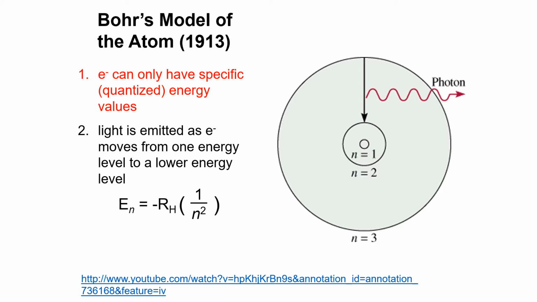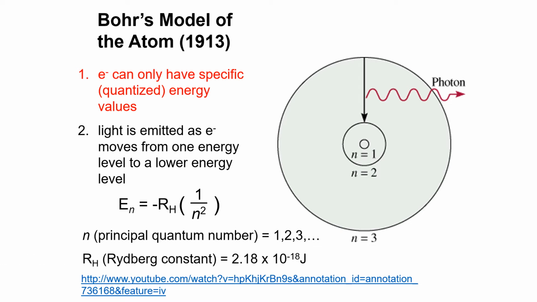This is the equation that was used, and N in this equation, so we can calculate the energy of a particular energy level, or quantum number, which are whole numbers ranging from 1 to infinity, essentially. So we have a diagram of an atom, where we have the nucleus in the center, and there's Rydberg's constant.